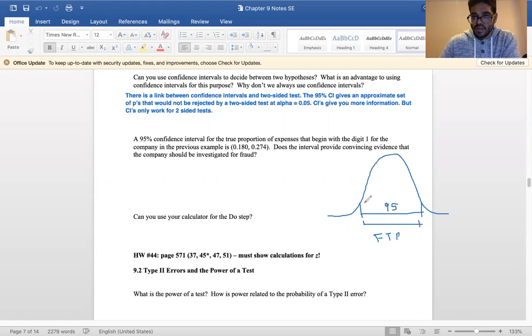FTR, fail to reject. And then what parts are on the outside? This is your rejection region here, right? And then here's your alpha in these lines. And so when you find the 95% confidence interval, this is the part in the middle. So then you can make some conclusions about what happens with the outside. That's the idea with this.